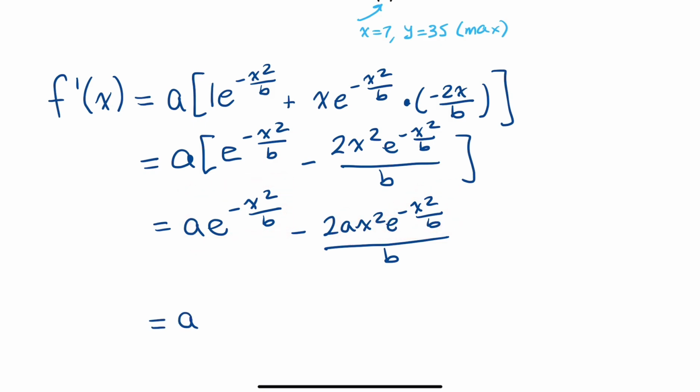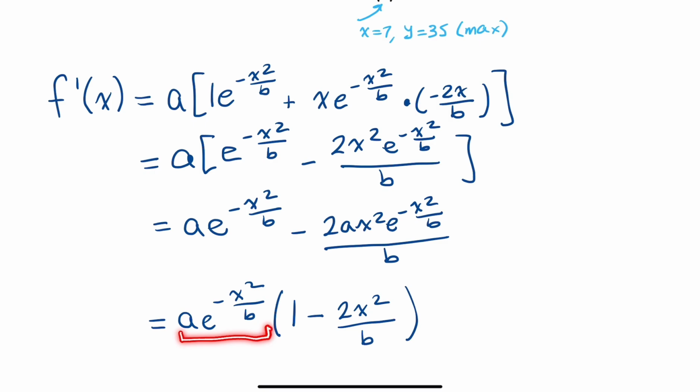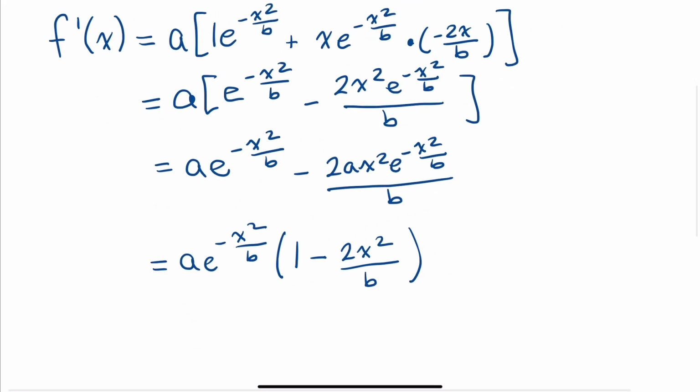So this is equal to a e to the negative x squared over b, all multiplied by 1 minus 2x squared over b. And if you don't believe me, just multiply this back out. You're going to get the exact same thing. So a e to the negative x squared over b multiplied by 1 gives us this, and a e to the negative x squared over b multiplied by negative 2x squared over b gives us this. And so all we have to do is set our first derivative equal to 0.